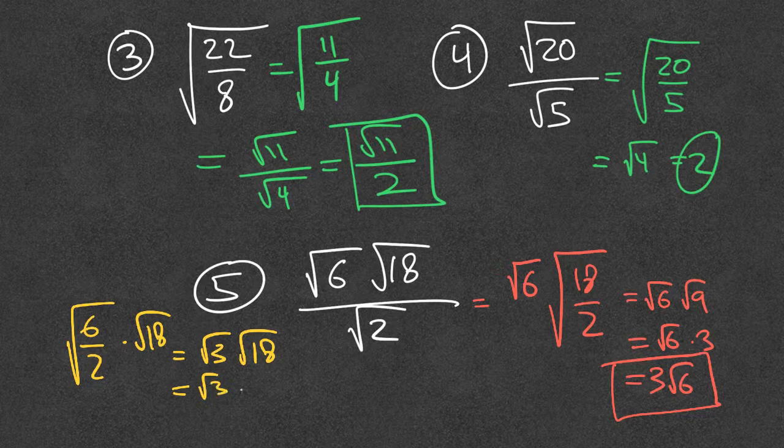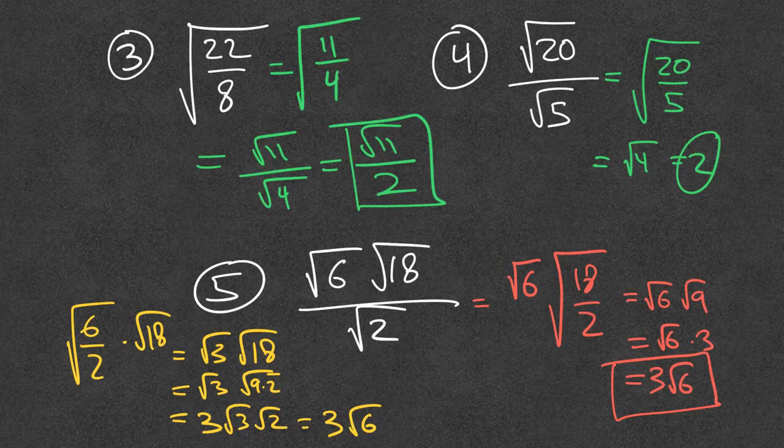Root 18 is root 9 times 2, and the square root of 9 is 3. So I'd get a 3 on the outside from the square root of 9, but then I still have root 3 and root 2 on the inside. And what you do with those is, because they're both inside, we can multiply them together. I get 3 root 6, same answer. I think I like the first way better because we get the bigger number reduced faster.